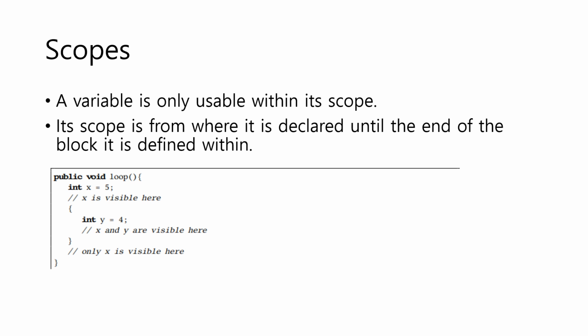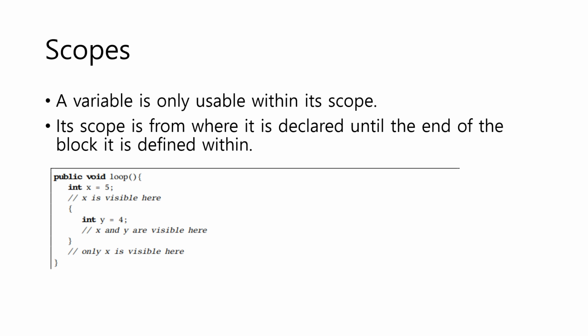You may not have heard of scopes before, and it may not seem important, but you'll see why this matters later. A variable is only usable within its own scope, and a scope is from where it is declared until the end of the block it's defined within. Remember that I told you these curly braces are a code block?